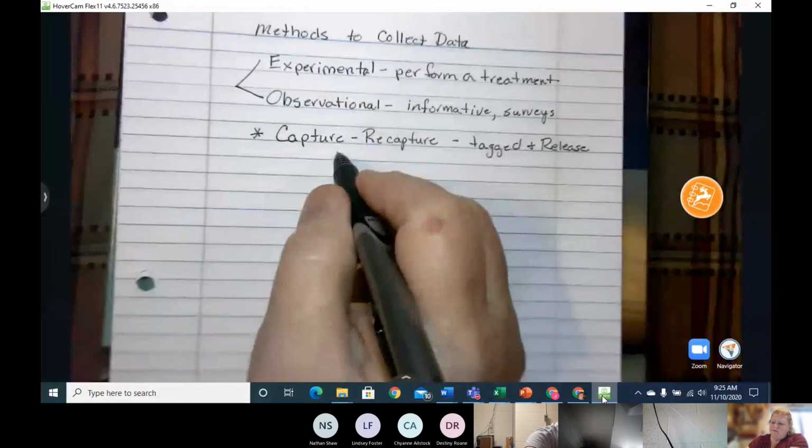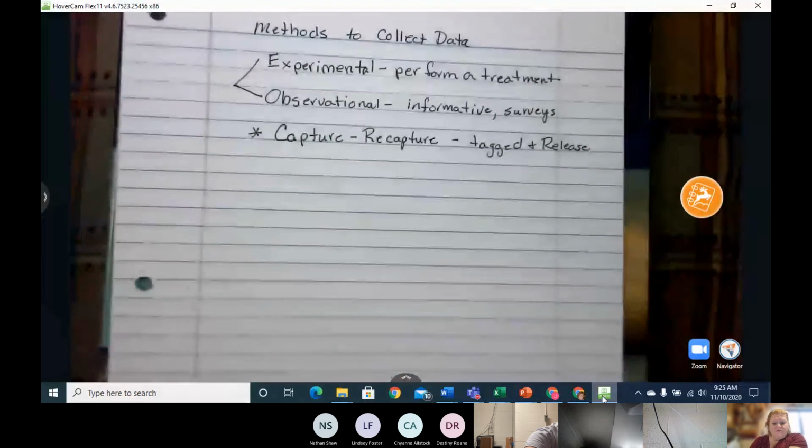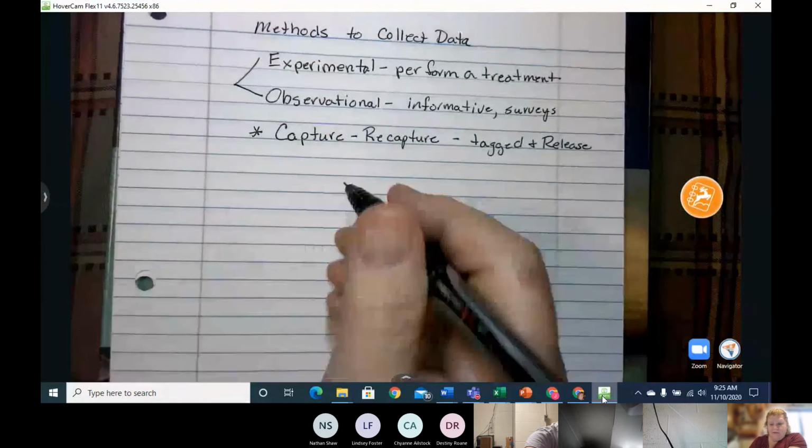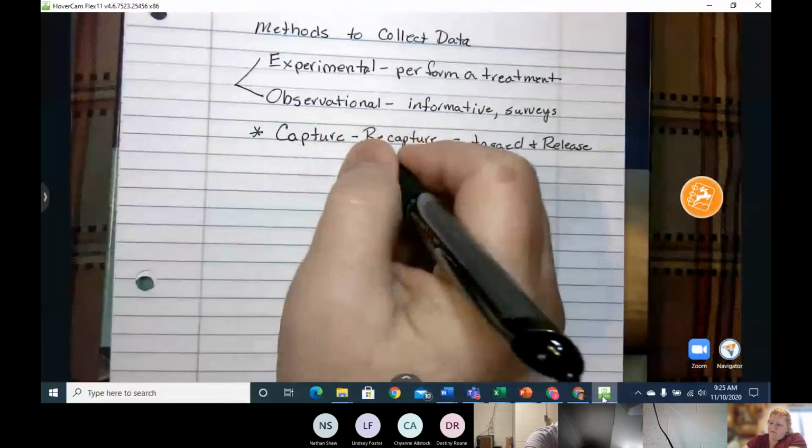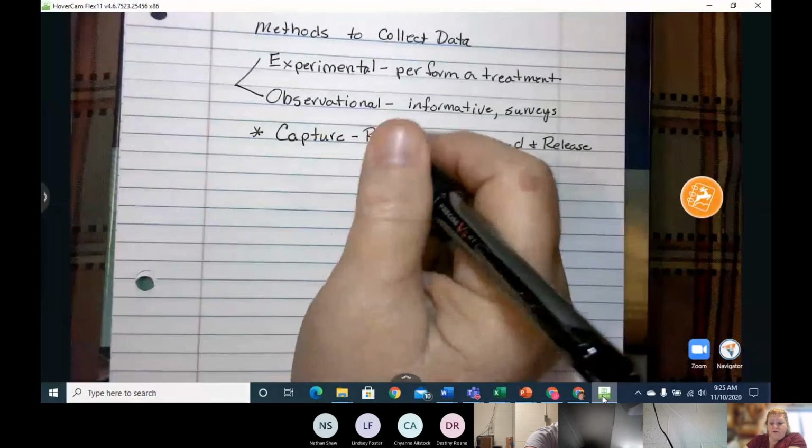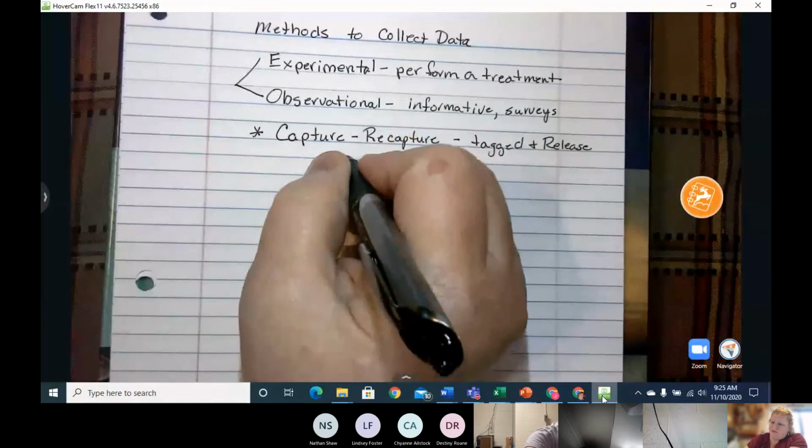There is a formula that they use to calculate the population, and here's the formula. It's just you're going to use a proportion to do this particular problem.